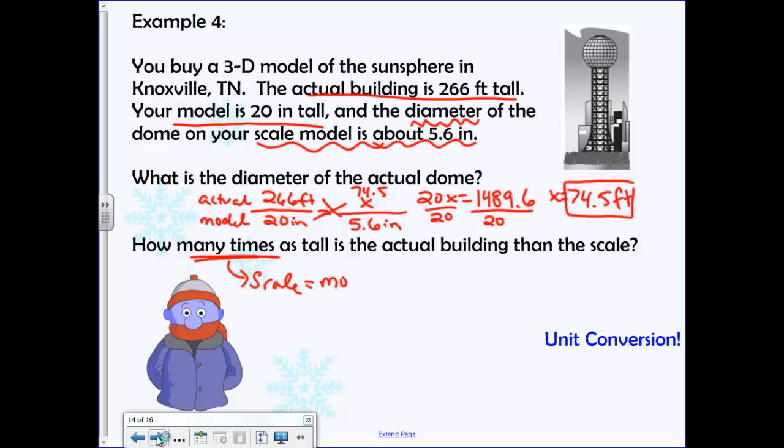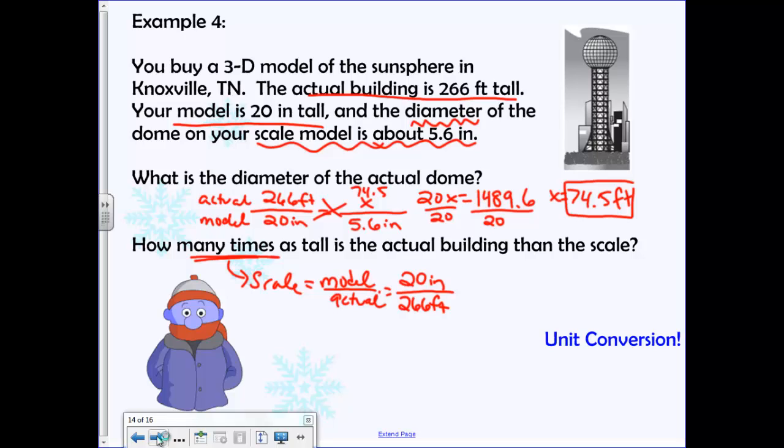Scale is model over actual. So what did we say before? How many times as tall is the actual building than our model? We're talking about the height of the building. What goes up top? The model is 20 inches tall, and the actual height of the sun sphere is 266 feet.